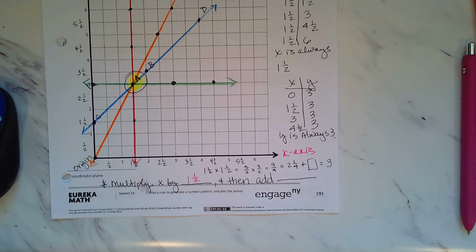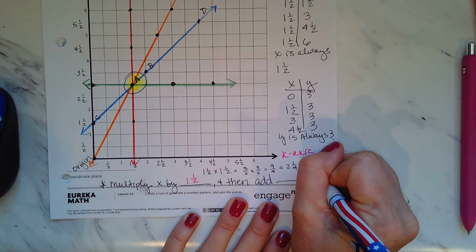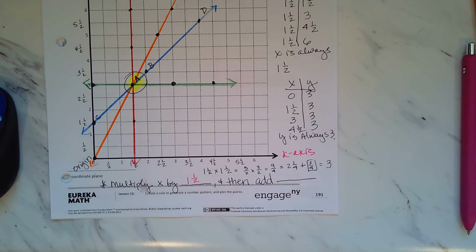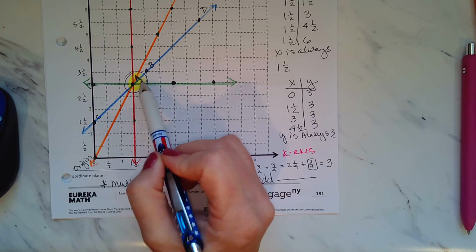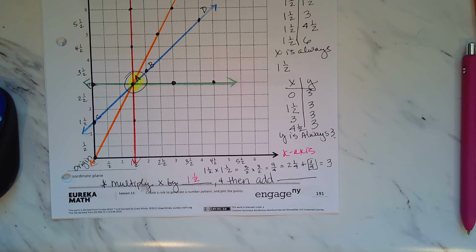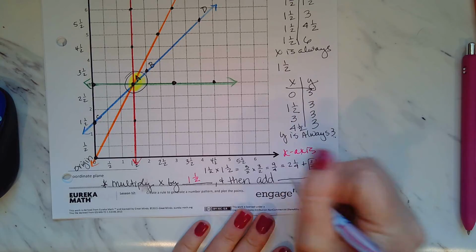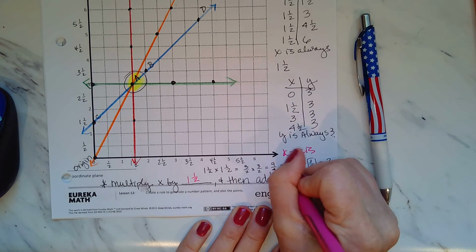Yes, you could add 3/4, right? And then that would give you 3. So multiply x by 1 1/2 and then add 3/4 is going to give me my y coordinate, right? So multiply x by 1 1/2, then add 3/4.